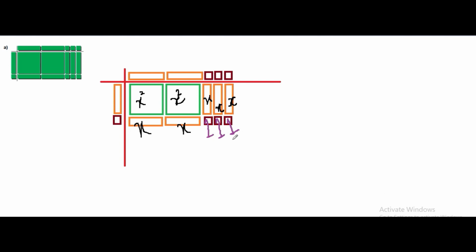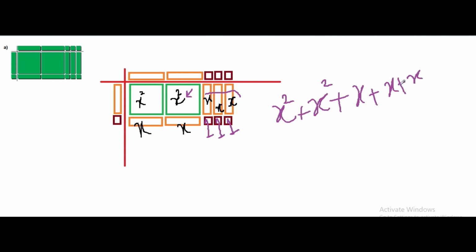So how can we interpret this in an algebraic expression? I write x square first, then plus the second x square. Then we have 3x: plus x, plus x, and plus x again.